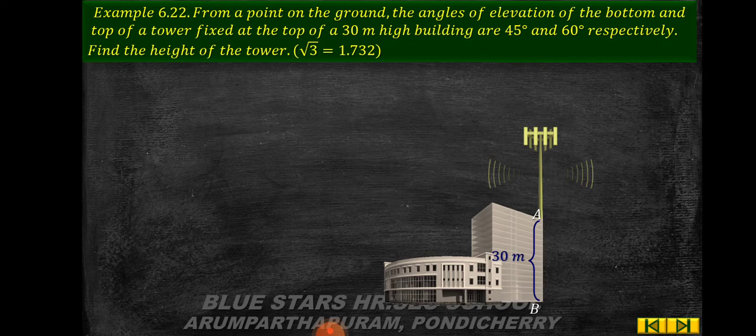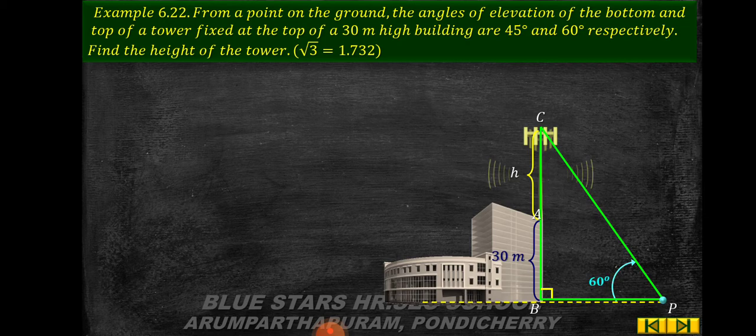At the top of the building, AB is 30 meter, and from A there is one tower. So, AC is the tower that is fixed at the top of the building. From A to C, you don't know the height, so let it be H. Then draw one horizontal line on the ground and mark the point as P. Join PB and B to C, which is at right angle at B, and join the line PC.